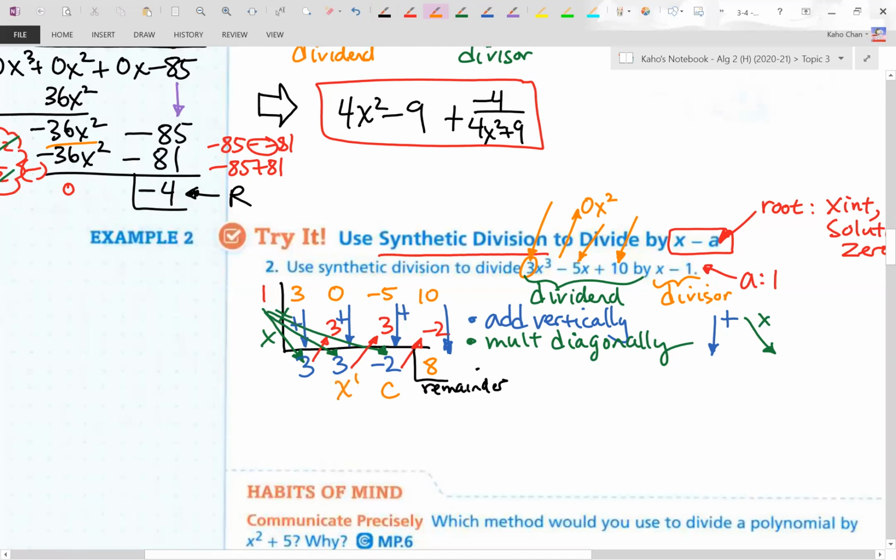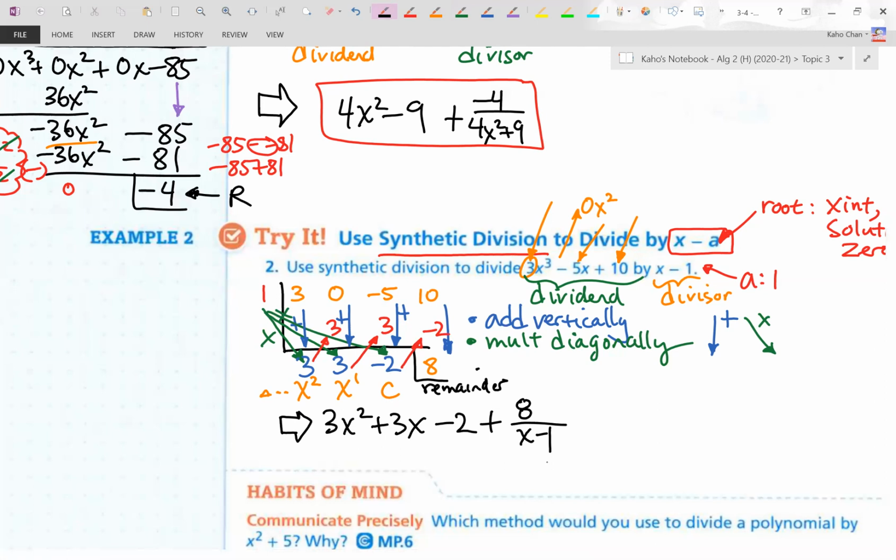And the next number to the left is the second power, and so on. So you're building your polynomial going backwards from the remainder going left. So your final answer is, brace yourself, 3x squared plus 3x minus 2, the constant, plus the remainder 8 divided by the original divisor, x minus 1. This is faster than long division if your divisor is in x minus a form. It's really cool.